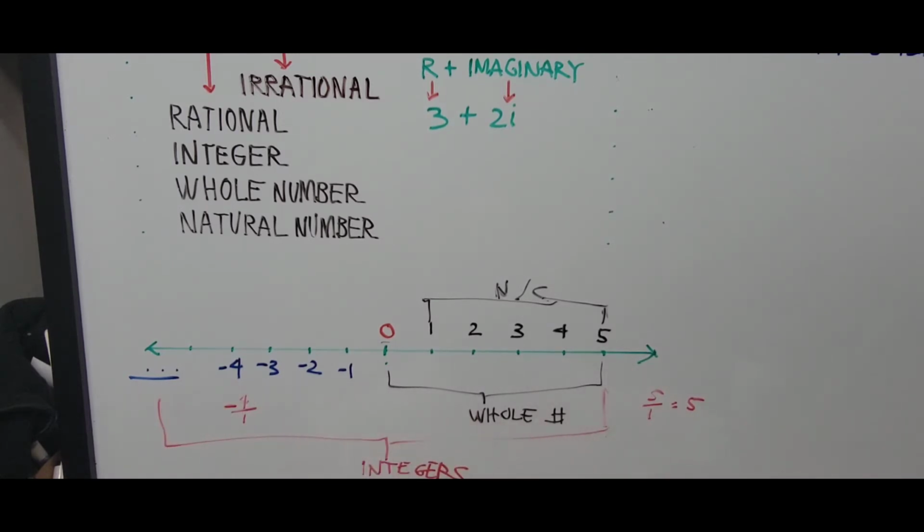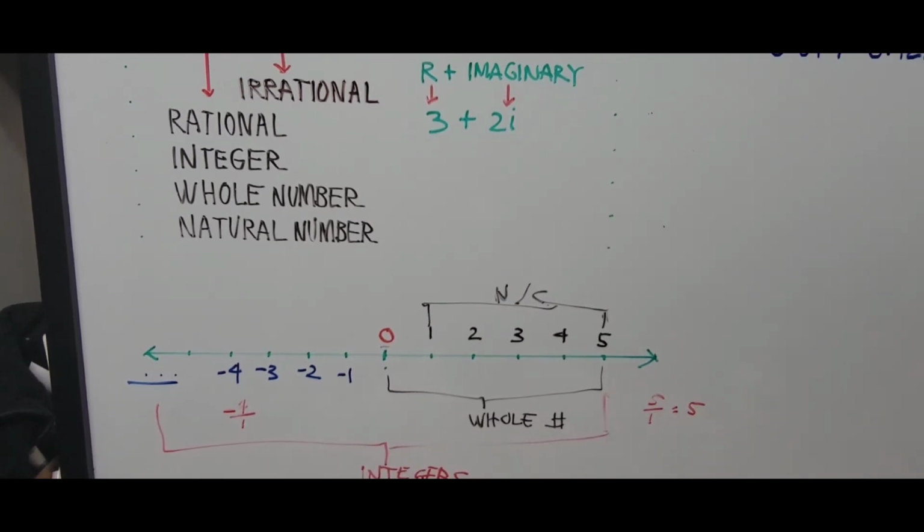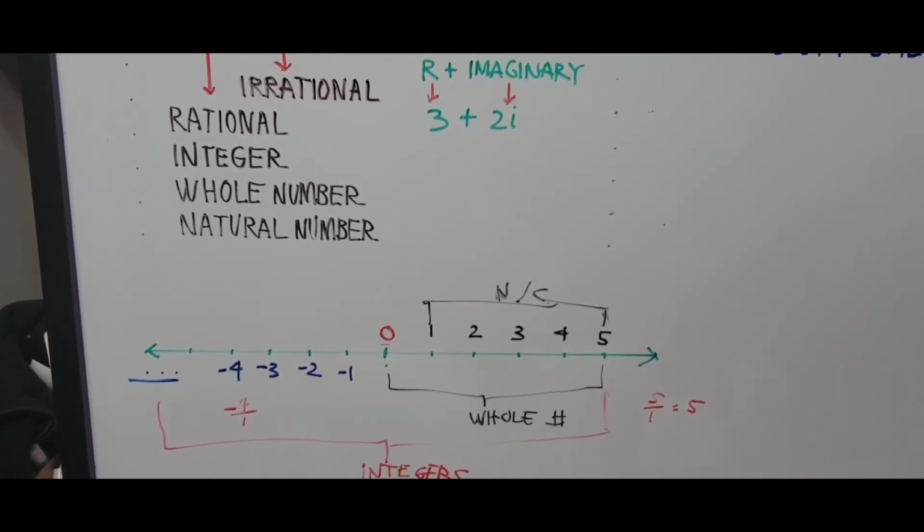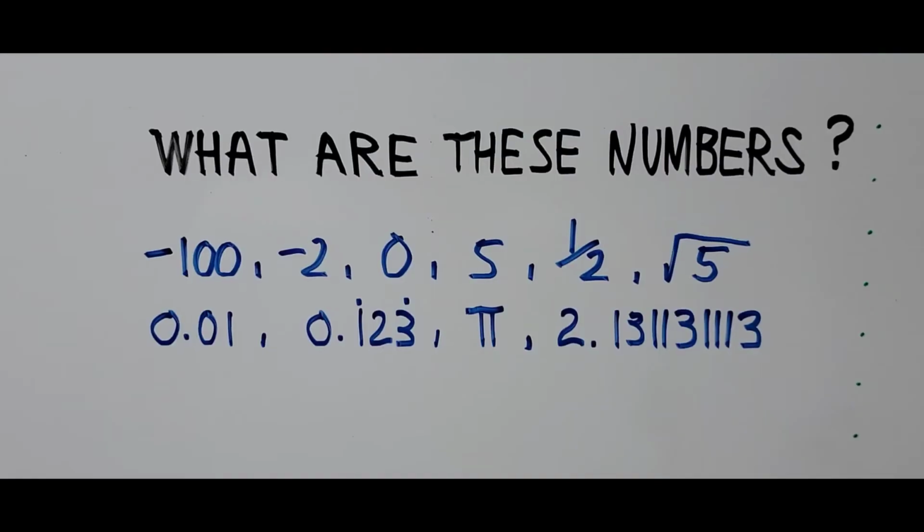So what does it mean by irrational numbers then? You might be wondering, hey, what the heck is an irrational number? Since none of these are irrational numbers, if we go back to our list and investigate these numbers, we can find a couple of irrational numbers.